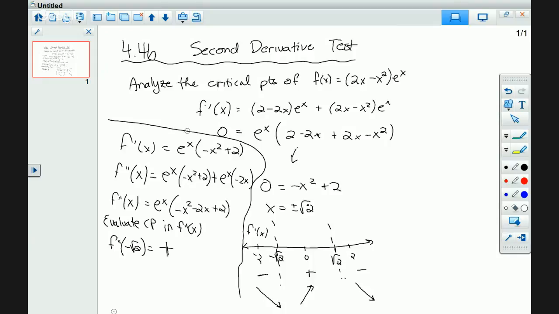Concave up. Which means we have a minimum. If you're evaluating a critical point in the second derivative and it's concave up, you have a minimum. Now the second derivative at root 2 is negative, which means we have a max because it's concave down. And you can see that same pattern with the first derivative test, concave up and concave down.